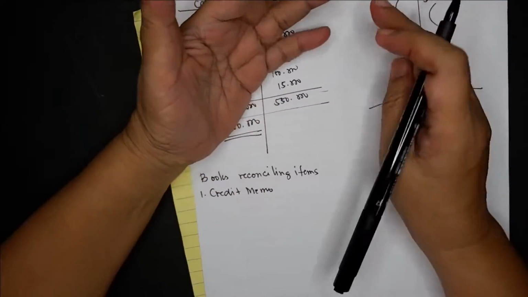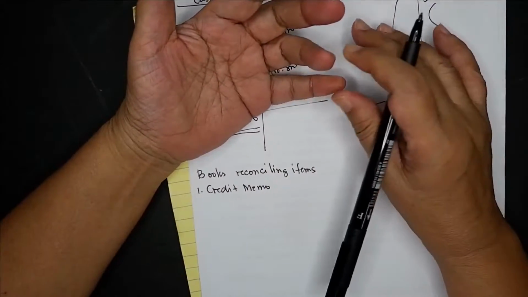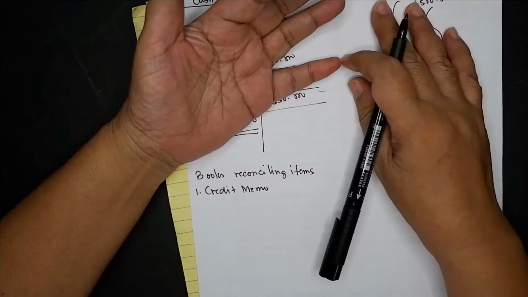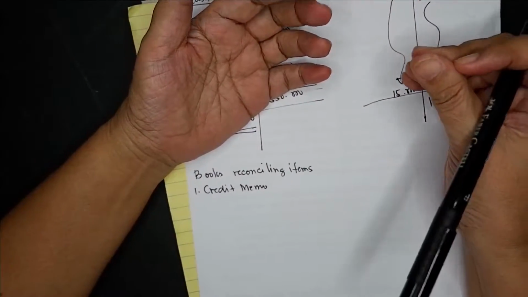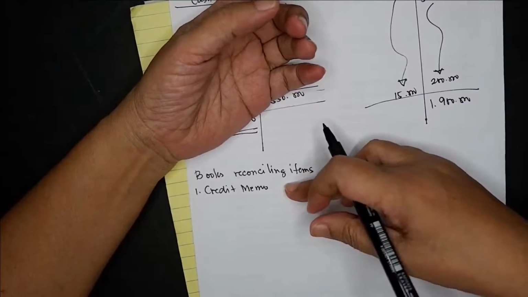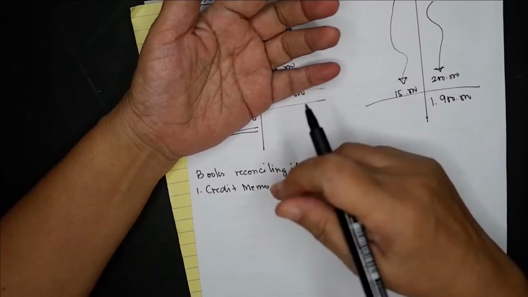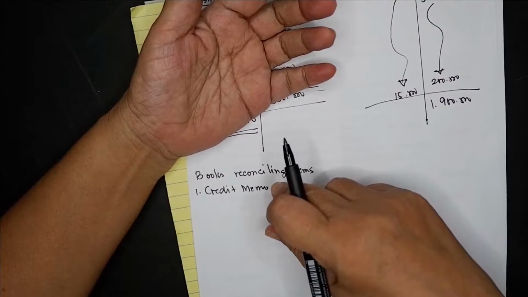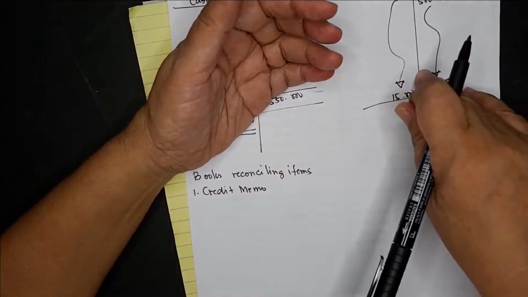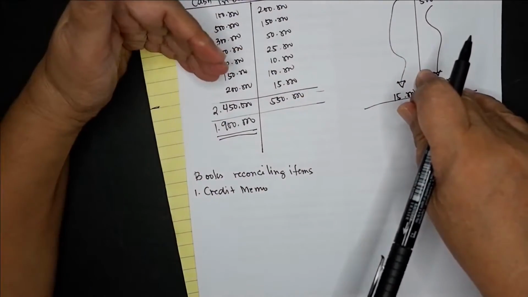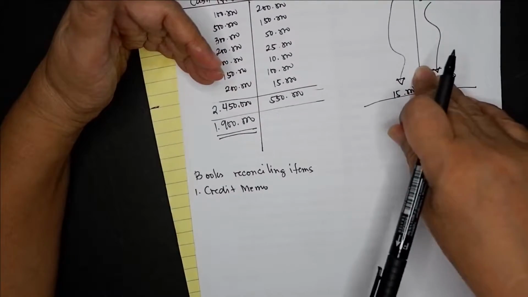By the way, when the bank furnishes us the bank statement at the end of the month, it usually includes debit memos and credit memos, which means debit memos and credit memos are transactions made by the bank which the books were not able to record.